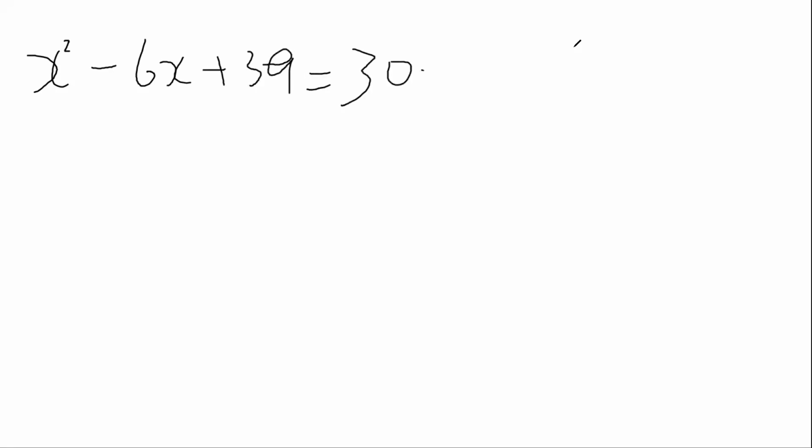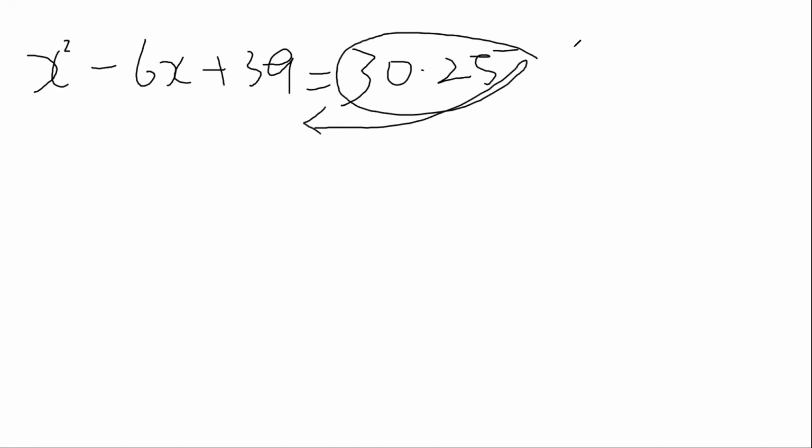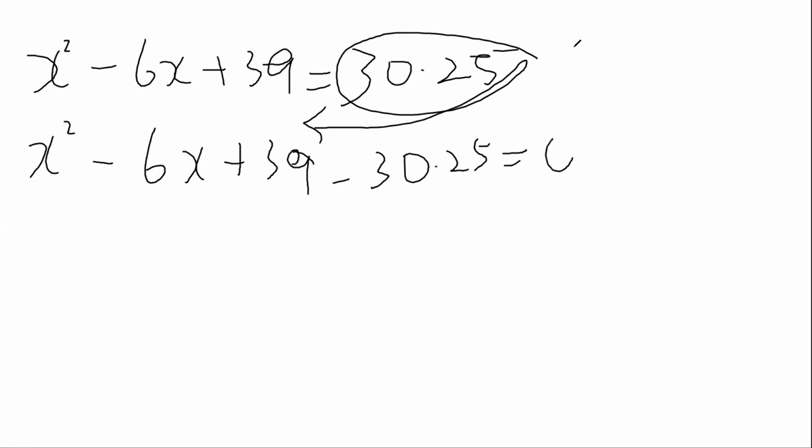So we are required to prove that x squared minus 6x plus 39 is equal to 30.25. Of course, we are taking this and carrying it across. x squared minus 6x plus 39 minus 30.25 is equal to 0.